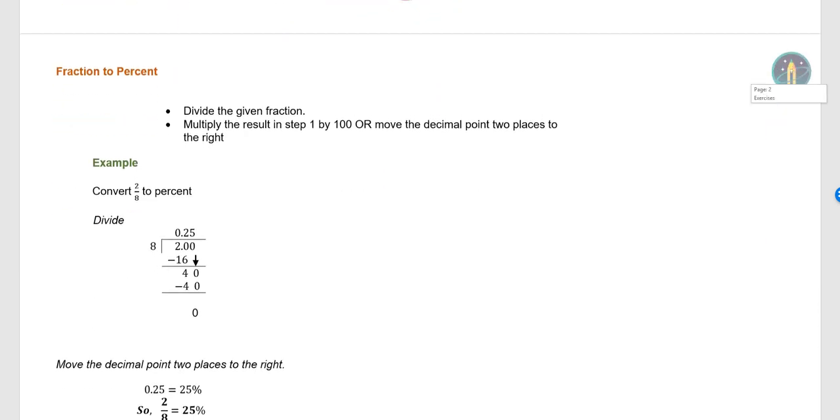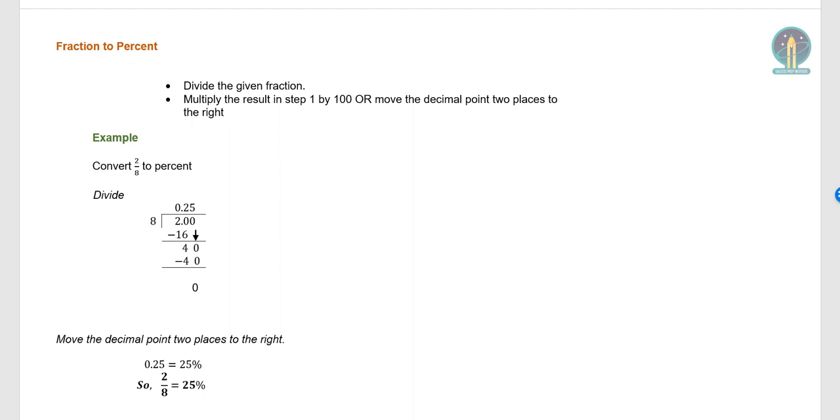Now, the next phase of these conversions is converting a fraction to a percent. The way to do that is dividing the fraction, so you can do long division, and then multiplying the quotient of the fraction by 100 and adding the percent sign, or moving the decimal point 2 places to the right and adding the percent sign.